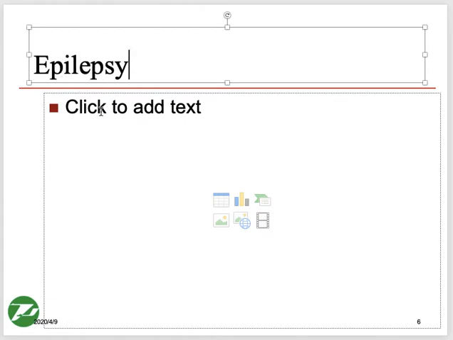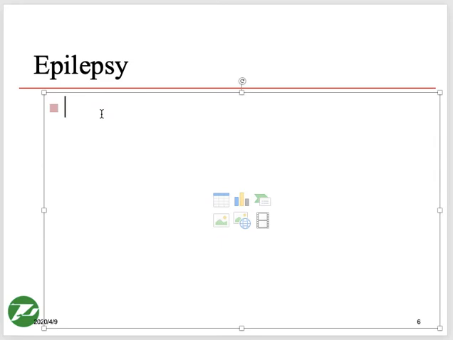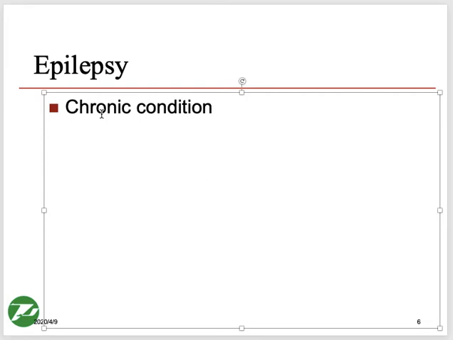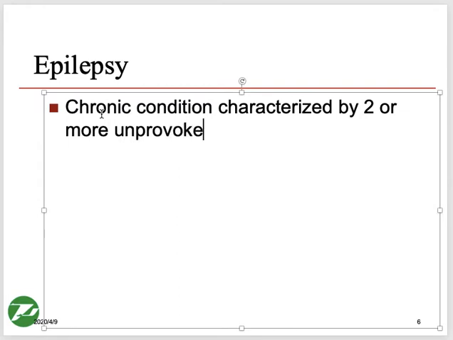Epilepsy, right? So, what is epilepsy? See, it's a chronic condition, first of all. Seizure is a short episode, characterized by two or more unprovoked seizures.